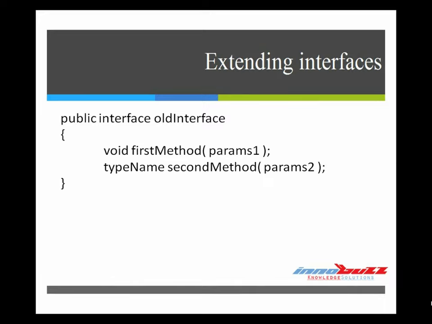add one more method signature. So of course these are only signatures, so abstract methods. But what happens if I add one more line here? Then all the classes that implemented this interface will get an error, because they can only implement the interface if they implement all the methods in there.